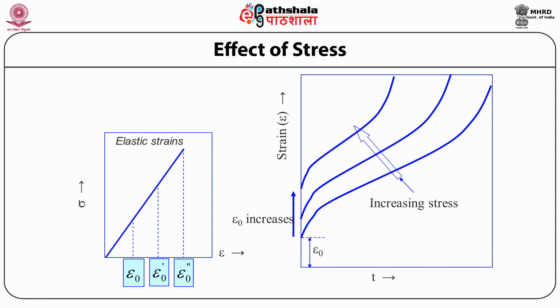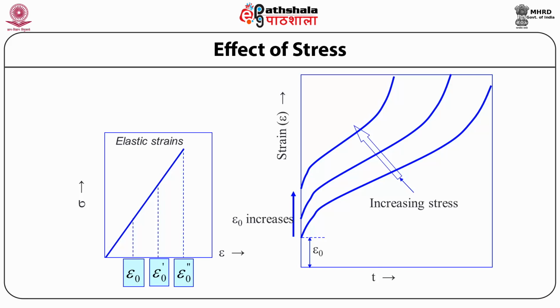Now let us see the effect of stress. Here we can see two figures: the first represents the curve between stress and epsilon, and the next represents the plot of strain versus temperature.